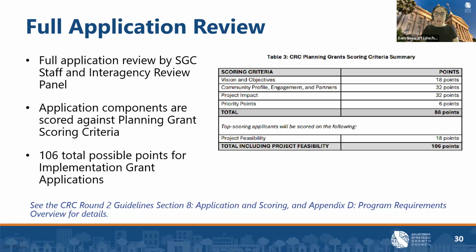These additional points are known as priority points. Please refer to Section 8.4 Funding Priorities and Priority Points for more information. From those scored by the Interagency Review Panel, the top scoring applicants will go on to be scored on project feasibility. All of these will be combined with the final score, which is a possible 106 points. Again, you can review the guidelines for more details on scoring.